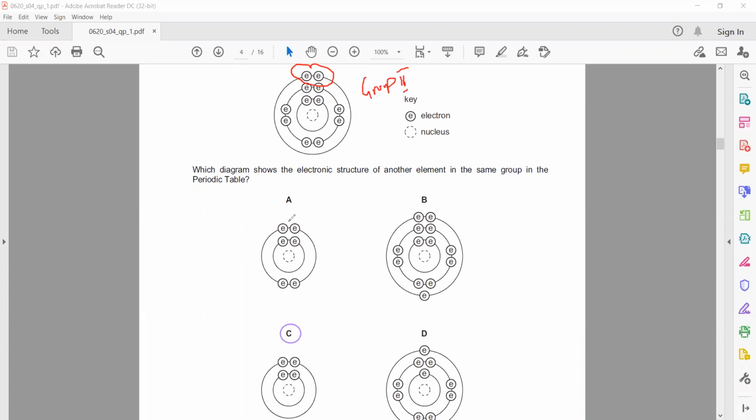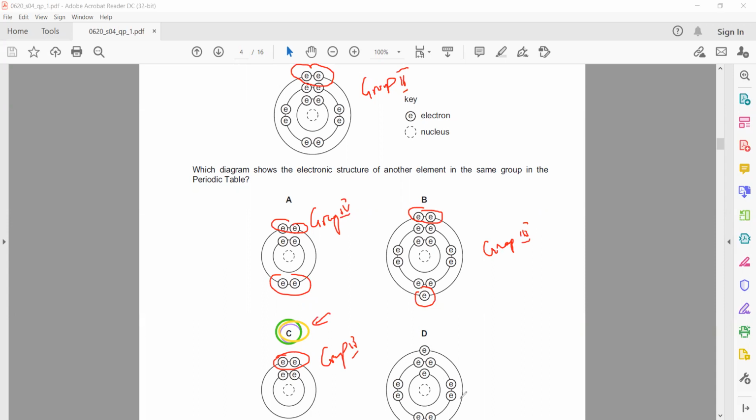What about A? 2 plus 2, 4. So this is group 4. When we check this, 2 plus 1, that is 3. So it is group 3. When we check this, only 2 electrons, that is group 2. So C is the right answer.